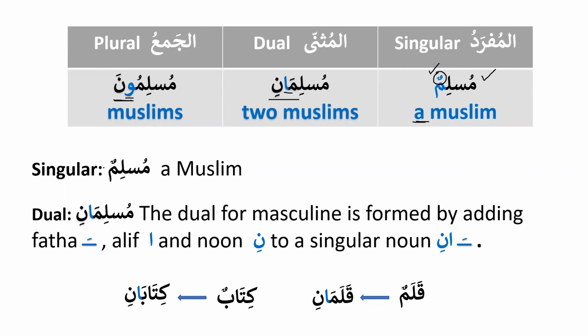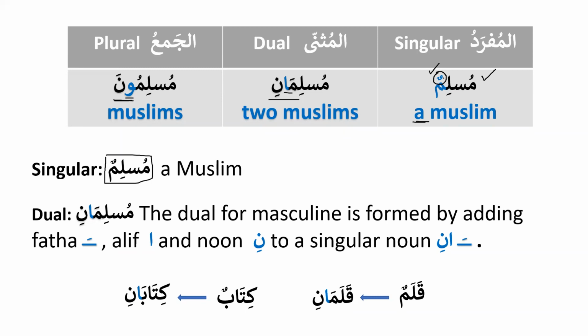So we have here singular, muslimun, translation a Muslim. How to make dual? For the singular, we don't need to do anything because it is default, as we discussed. How to make dual? It's very simple. The dual for masculine is formed by adding fatha.